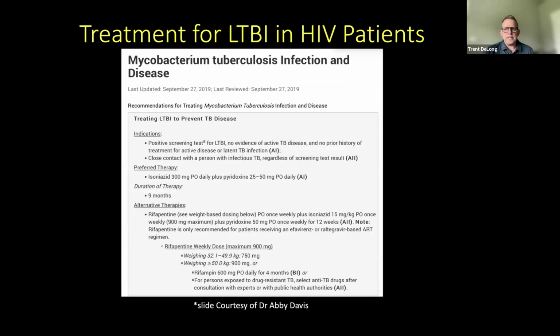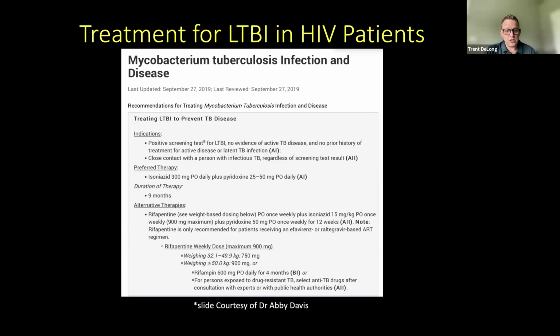Treatment for latent TB in HIV patients with a positive screening test. The indications for this would be a positive screening test for latent TB, no evidence of active TB disease, and no prior history of treatment for active disease or latent TB infection. Also close contact with a person with infectious TB, regardless of the screening test result.